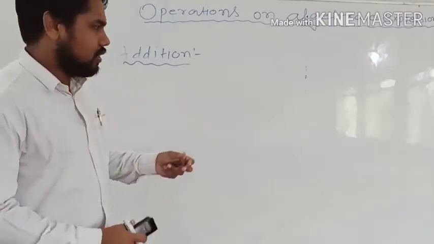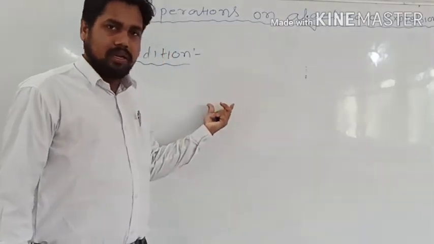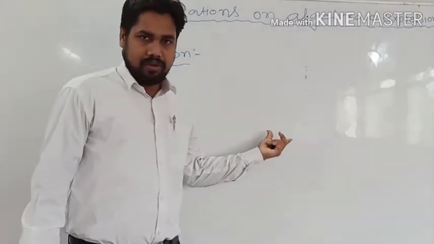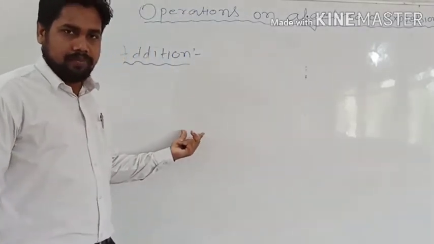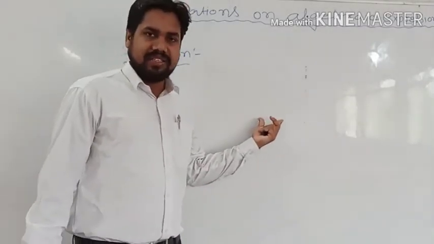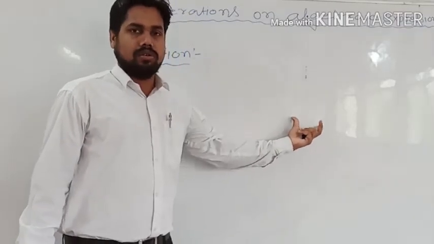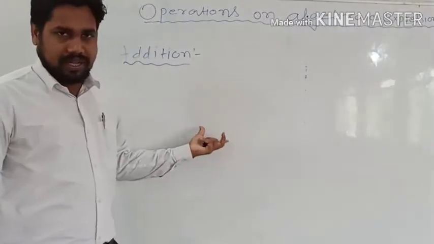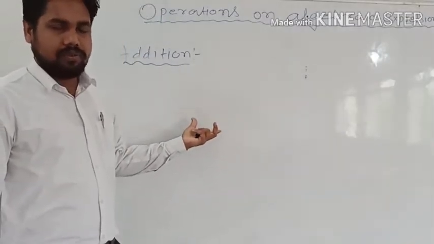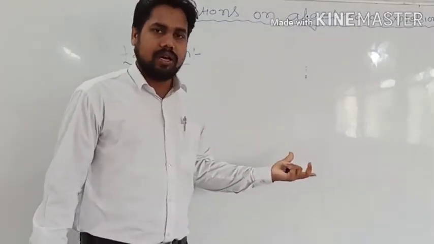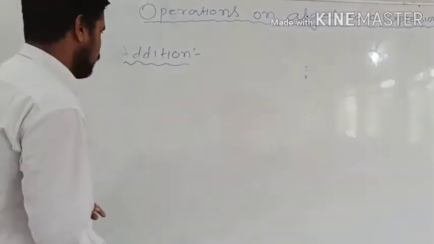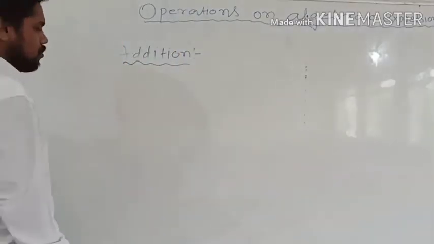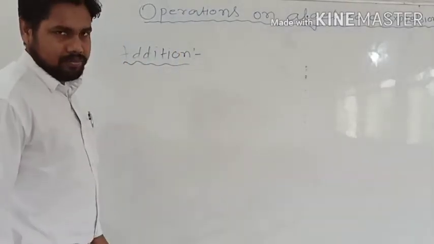Like terms are the terms whose variables are the same. The constant term may be different, but if the variables are the same, then we can say those terms are like terms, and if those are not the same, then those are not like. So the most important thing is to check for like and unlike terms.